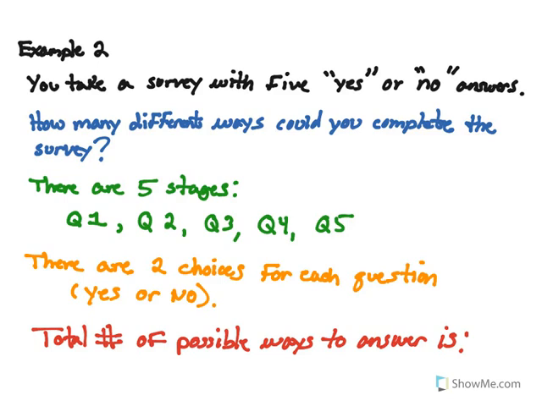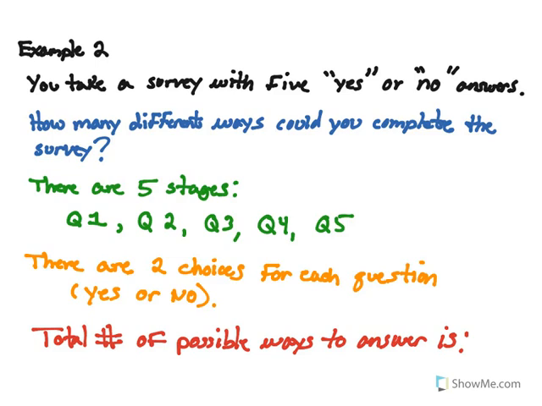Well, 2, because yes or no constitutes 2 possible answers. So, 5 questions. Each question contains 2 possible outcomes, right? Yes or no. So, is it 5 times 2? 5 questions times 2 choices?